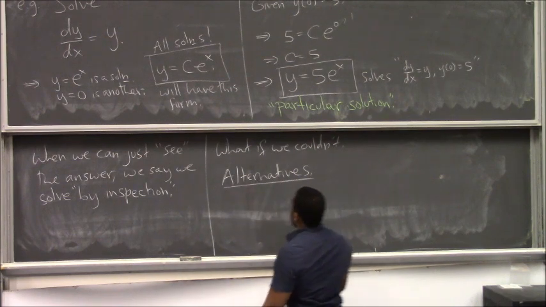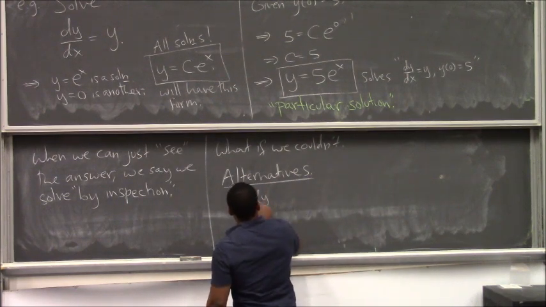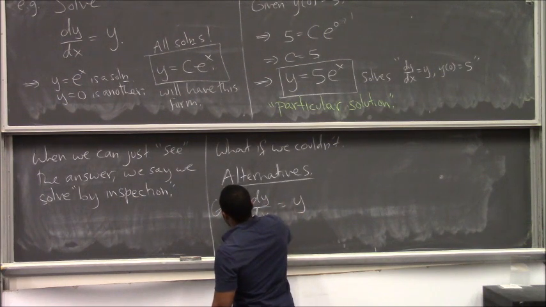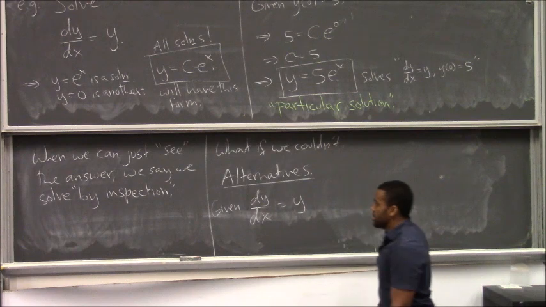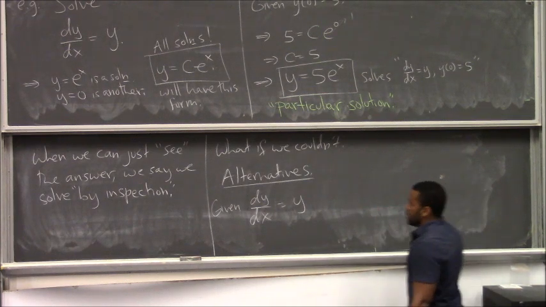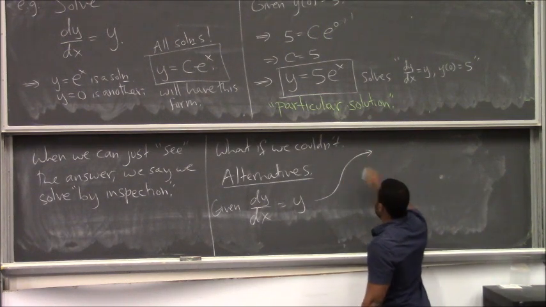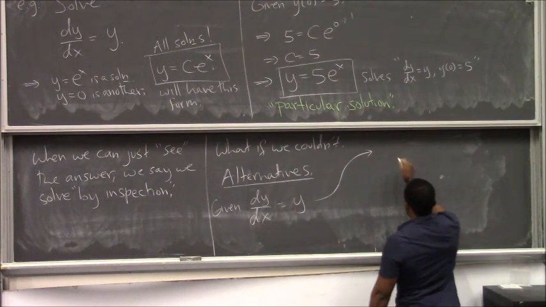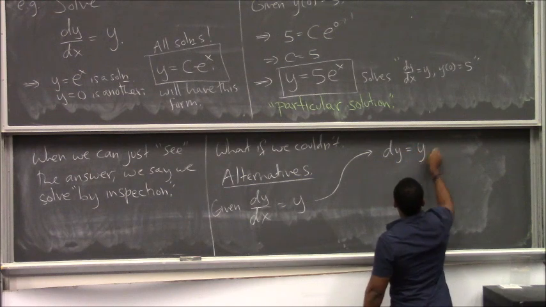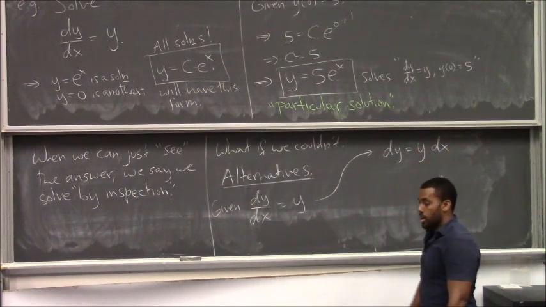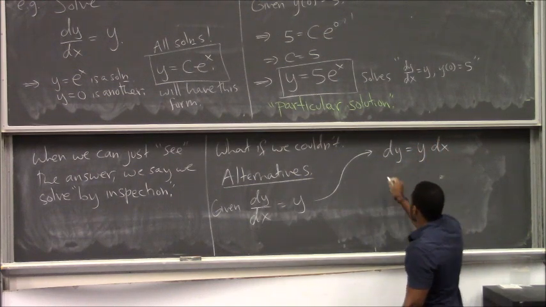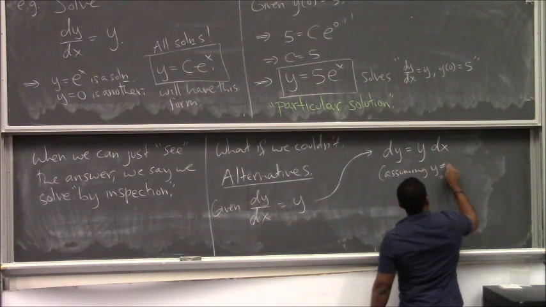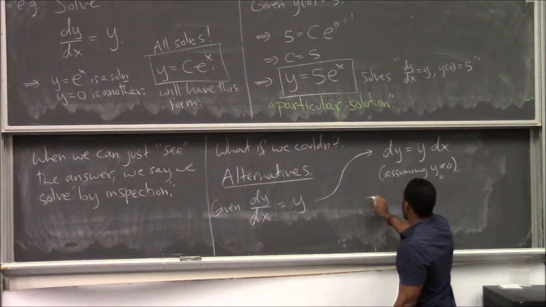So here's one alternative. Given dy/dx equals y, here's something you could do. I could multiply both sides by dx, and then, assuming y is not 0, I can divide both sides by y.